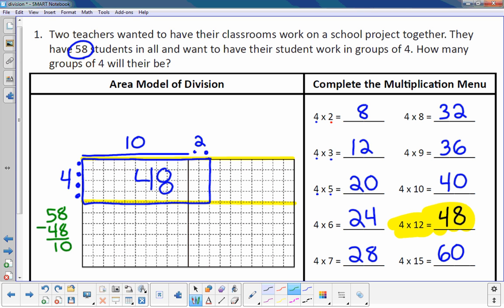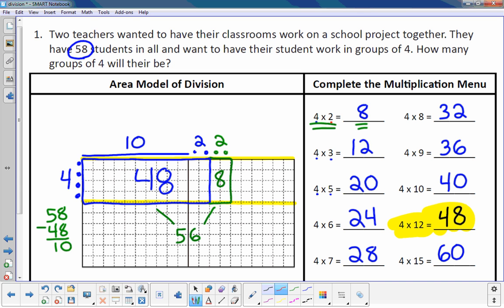And I noticed right here, 4 times 2 is 8. That's really close to 10. So I'm going to have 4 times 2 is 8. And all together, what's 48 and 8? I know it's 56. How close am I to 58? I'm 2 away.